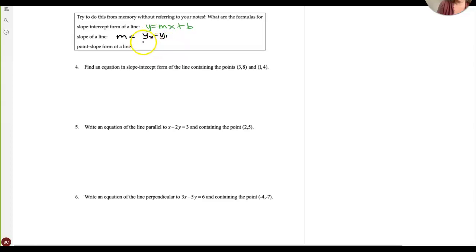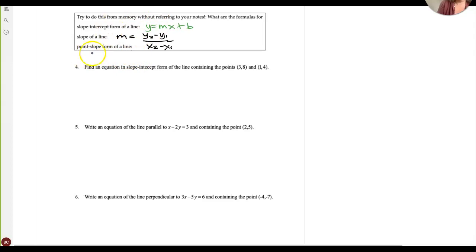Okay, and then over what? x2 minus x1. Yep, x2 minus x1. So the most common mistake I see when it asks to find the slope is people accidentally put the x's on top and the y's on the bottom. The y always needs to go on top on this, okay? So make sure you do that. And then I'll put this one over here where you can see it a little bit better.